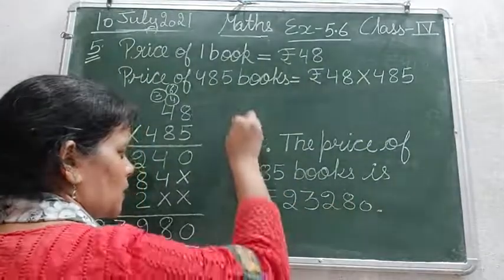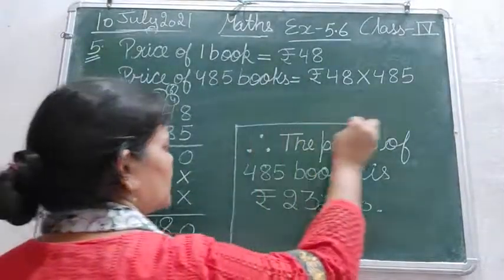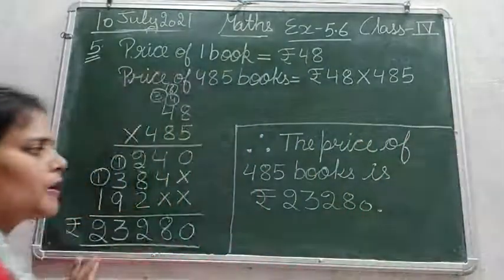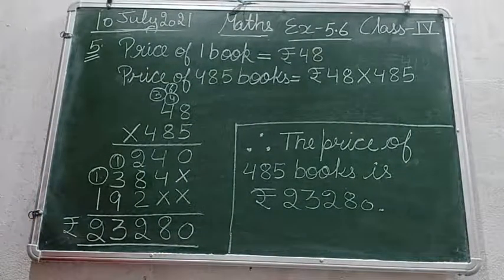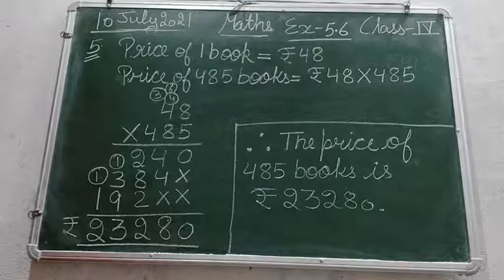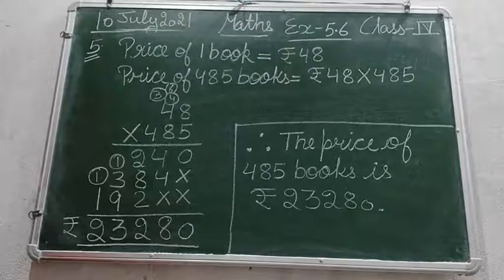Full stop. So this is the solution sentence. Therefore, the price of 485 books is rupees 23,280. So this is the price of 485 books.